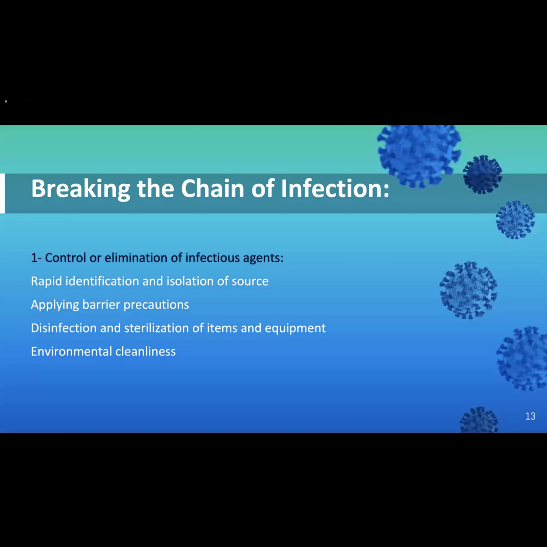So we need to break these chains of infection, so that there are no more infections. For controlling and eliminating infectious agents: rapid identification and isolation of the reservoir, applying proper procedures, and also disinfection and sterilization of items and equipment in hospitals, as I said before, in clinics, and in hospitals in general.